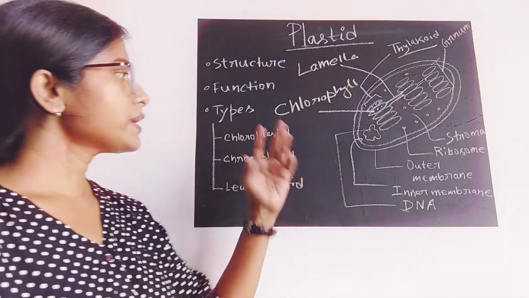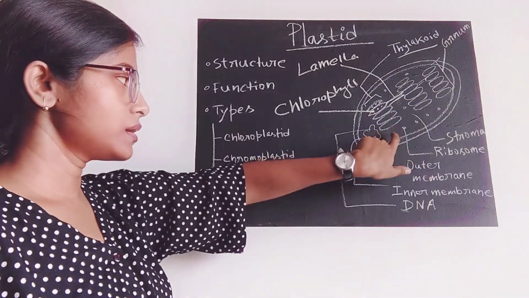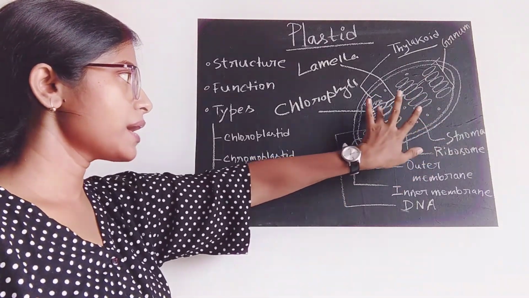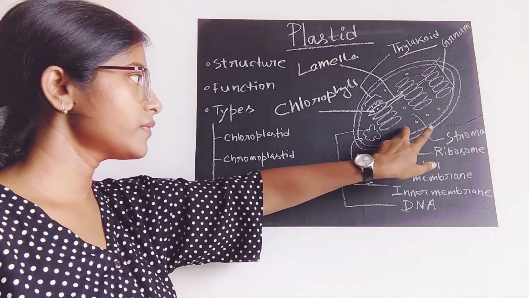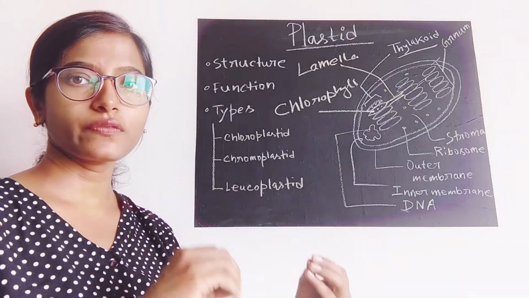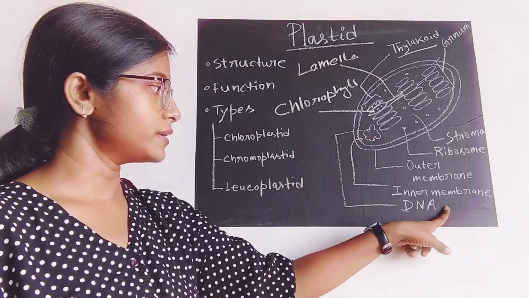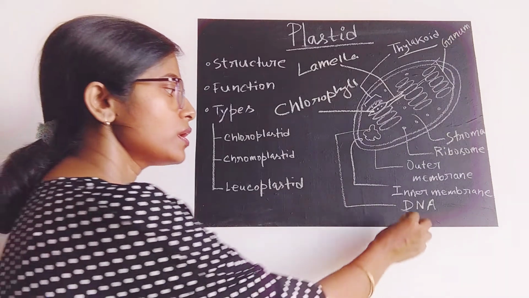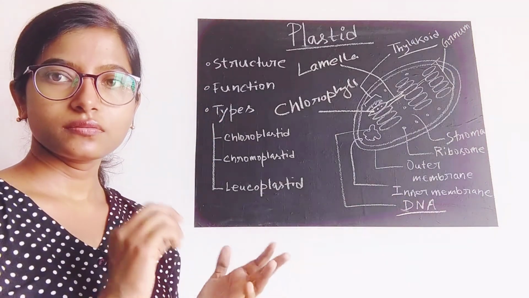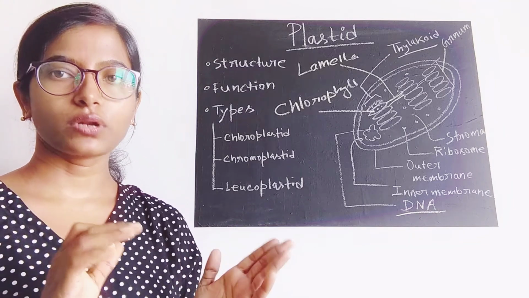What else do they have inside this inner membrane? Apart from stroma and grana, they have ribosomes. So they have separate ribosomes of their own, and they also have DNA of their own. DNA is the genetic material, we know, deoxyribonucleic acid.